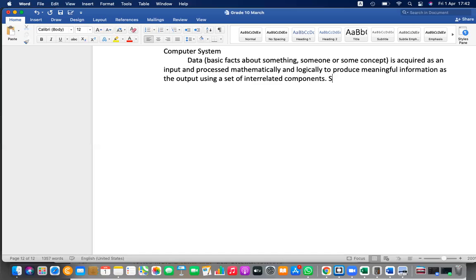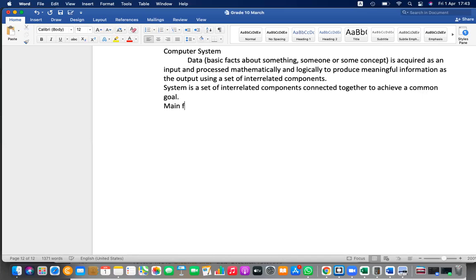System is a set of interrelated components connected together to achieve a common goal. To achieve a common goal, we call that a system.